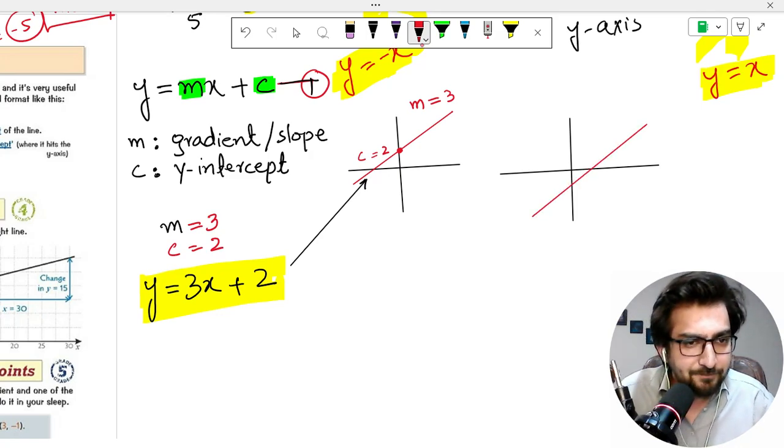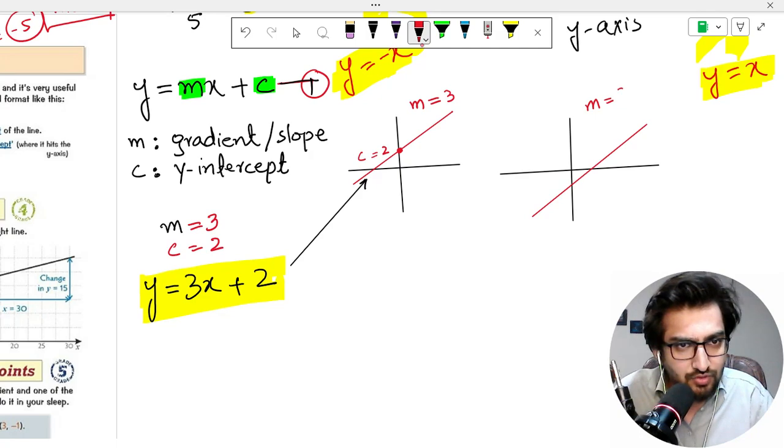Let's say this is the line for which we want to find out the equation. Now in order to find out the equation, we need m. M is not given. And we need c. By the way, this would be c. C is the y-intercept. So let me assume this c equals minus 2. This value is minus 2.